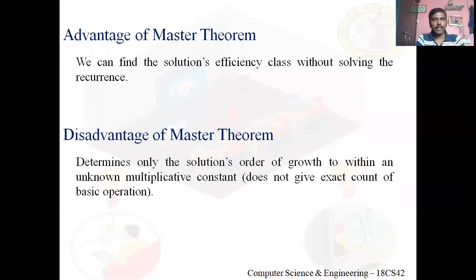Looking at the recurrence itself, we can tell what the efficiency class is. Now, what is the disadvantage of Master theorem? The disadvantage is that it doesn't give the exact basic operation count.